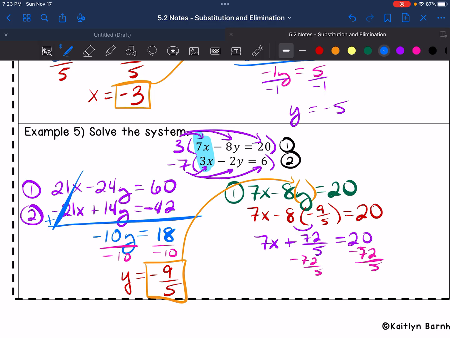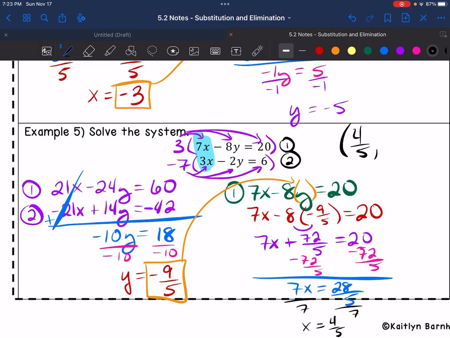And then that's going to give me 7x equals 28 over 5. And then the last thing I need to do here is divide both sides by 7. And that gives me x equals 4/5. Okay, so my solution set, x is 4/5, y is negative 9/5.